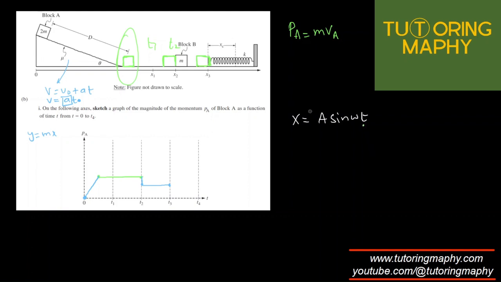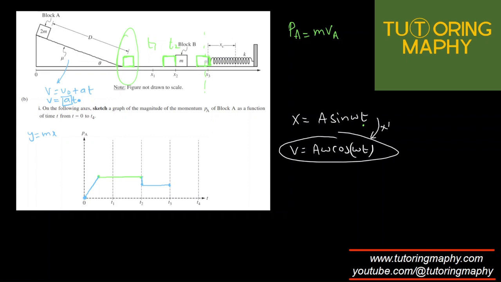So at t equal to 0, x is 0. What will be the velocity? The velocity is obviously going to be a omega cos omega t, because I just found the derivative of this. And I am interested in momentum, which has velocity in it. So the curve of momentum is definitely going to be the same as the curve of the cosine.